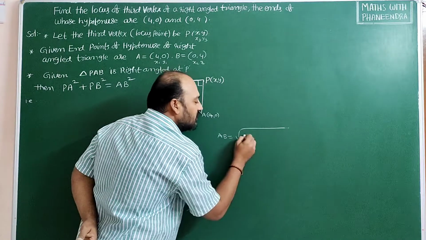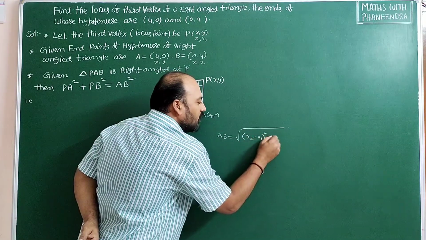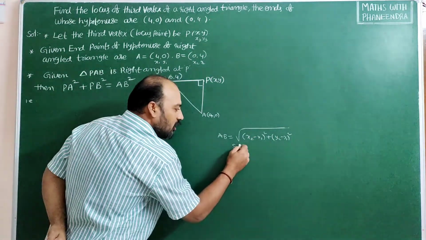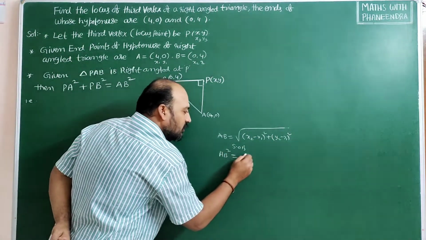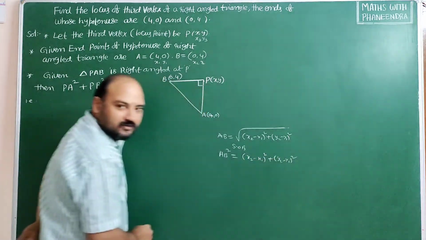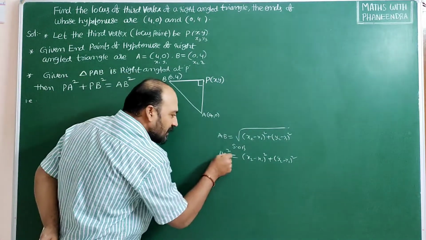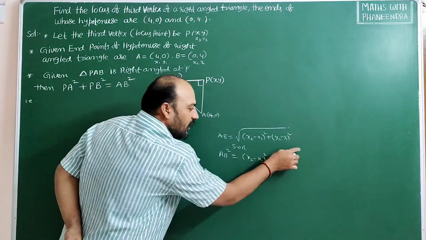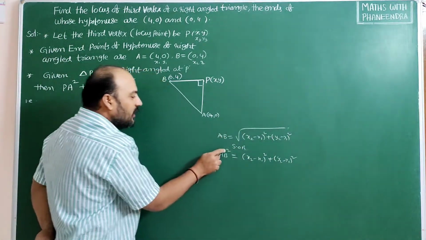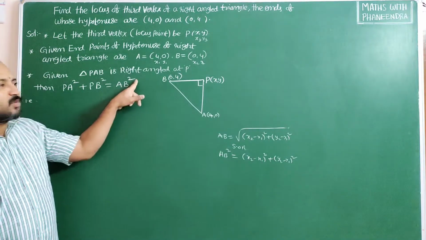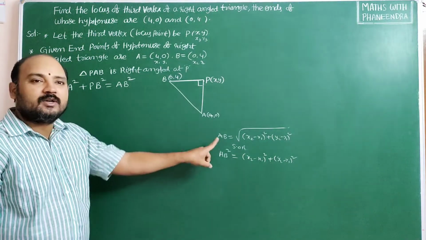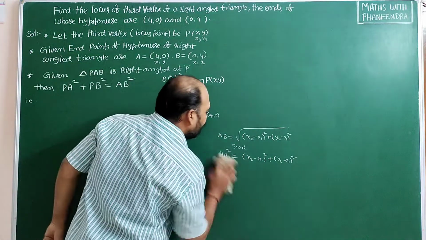AB distance means x2 minus x1 whole square plus y2 minus y1 whole square. If you square both sides, AB square equals x2 minus x1 whole square plus y2 minus y1 whole square. Whenever every term is squared, just write the distance between PA, PB and AB without square root. You remember all of you. I hope everyone understands.